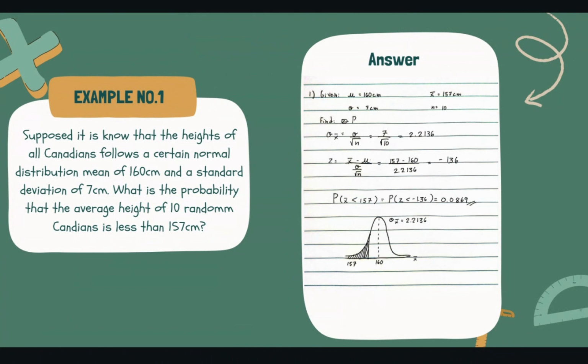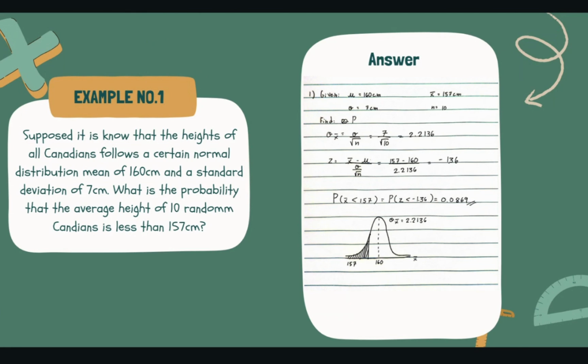Now to get the z, x bar minus mu over the standard error, is 157 minus 160 over 2.2136, which is -1.36. So the proportion of x bar less than 157 is P of z less than -1.36, and the z point will be equal to 0.0869.